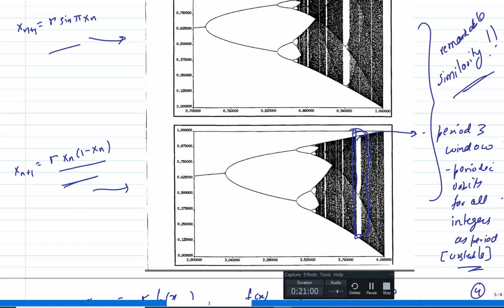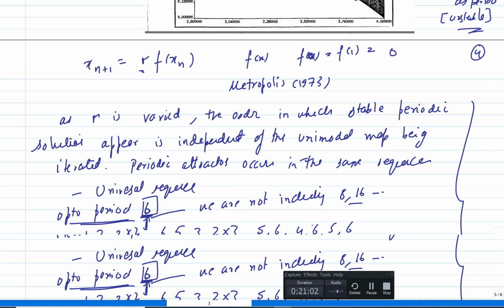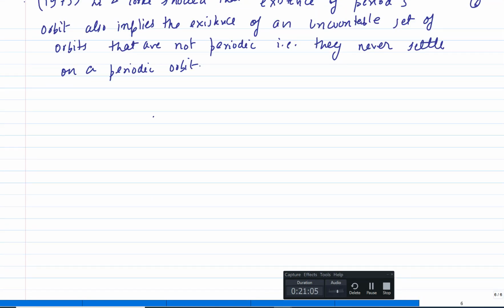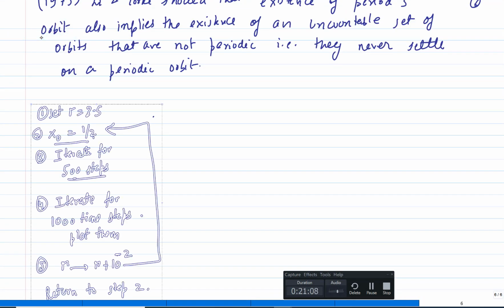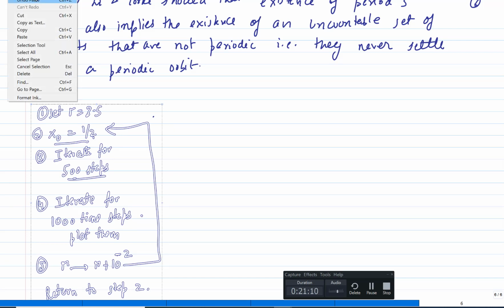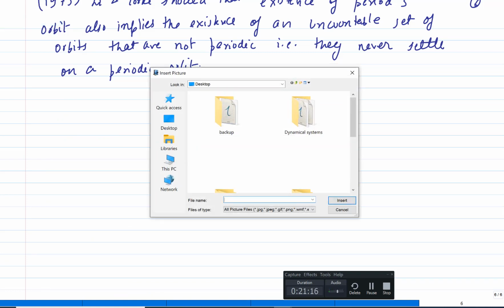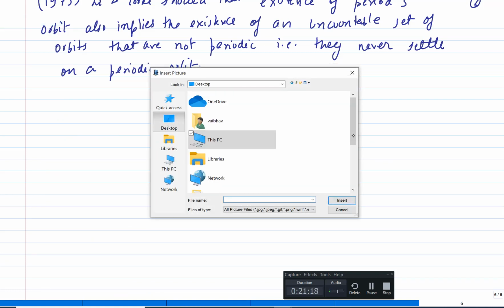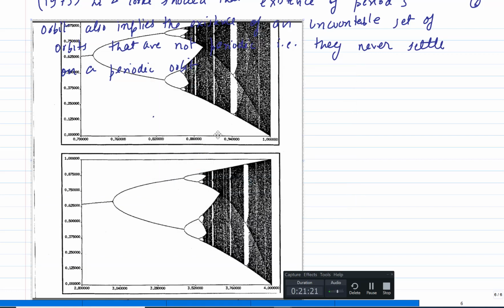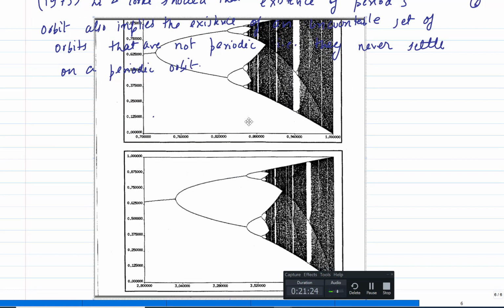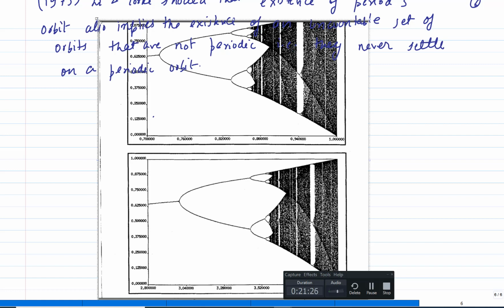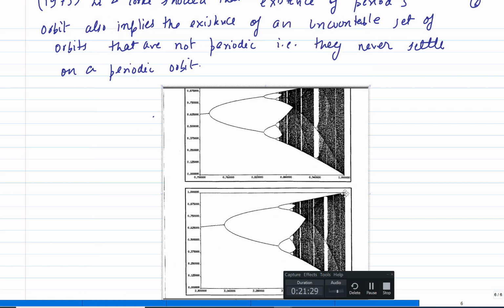I am going to again perhaps insert the picture. So consider this period 3 window.